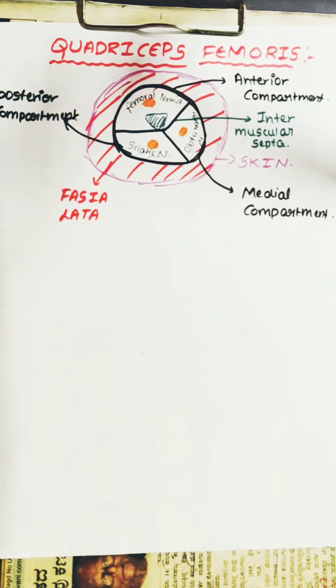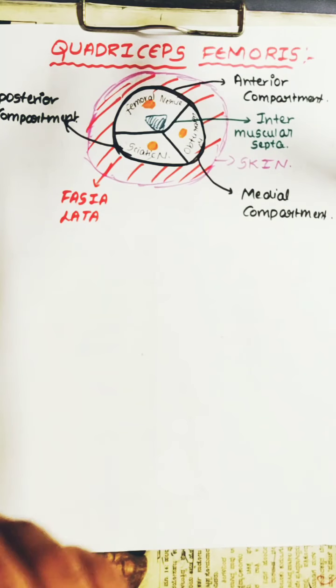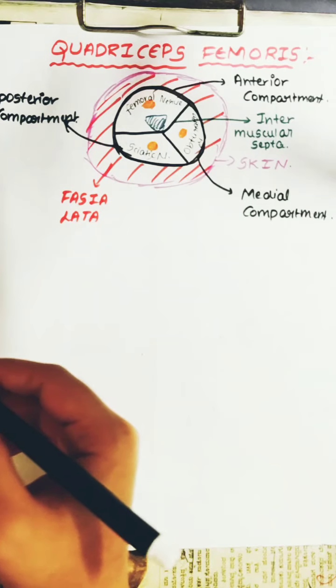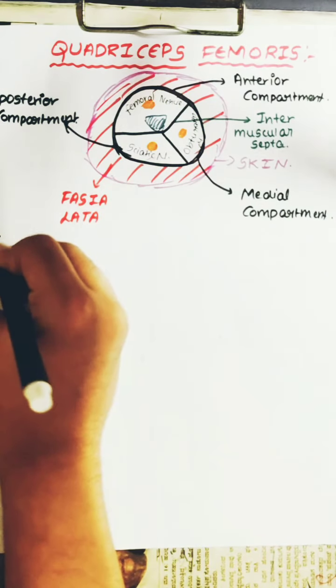Okay, now we'll speak about the quadriceps femoris muscle deeply. As I have said, as the name intends, the quadriceps femoris has four muscles. Quadri, you can understand by the word.